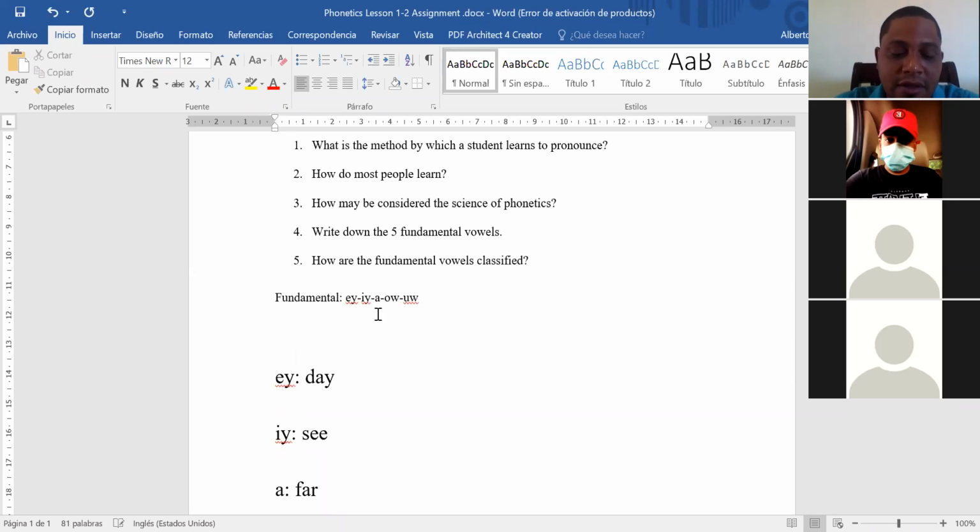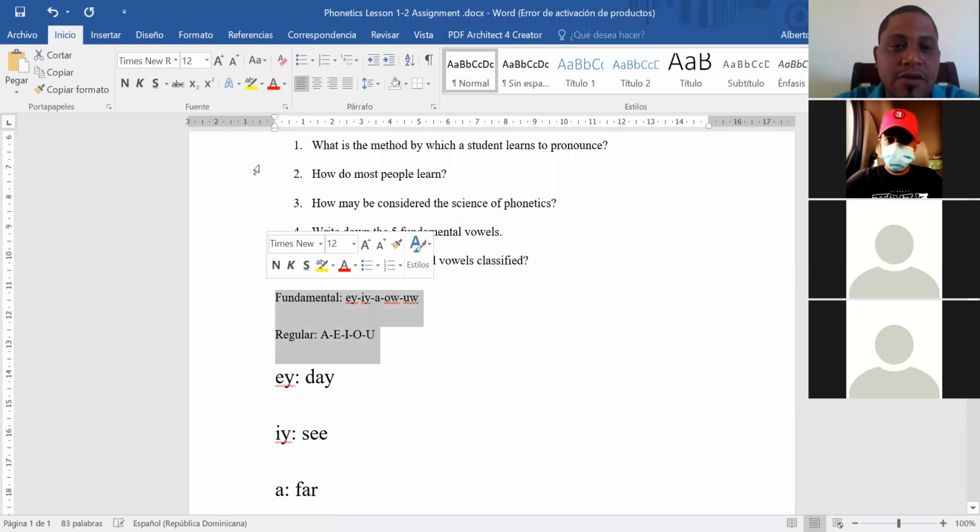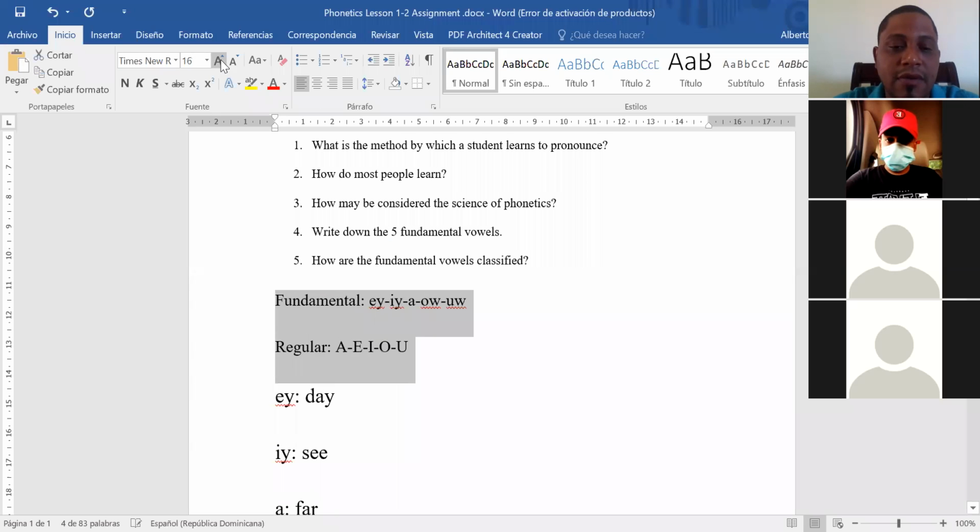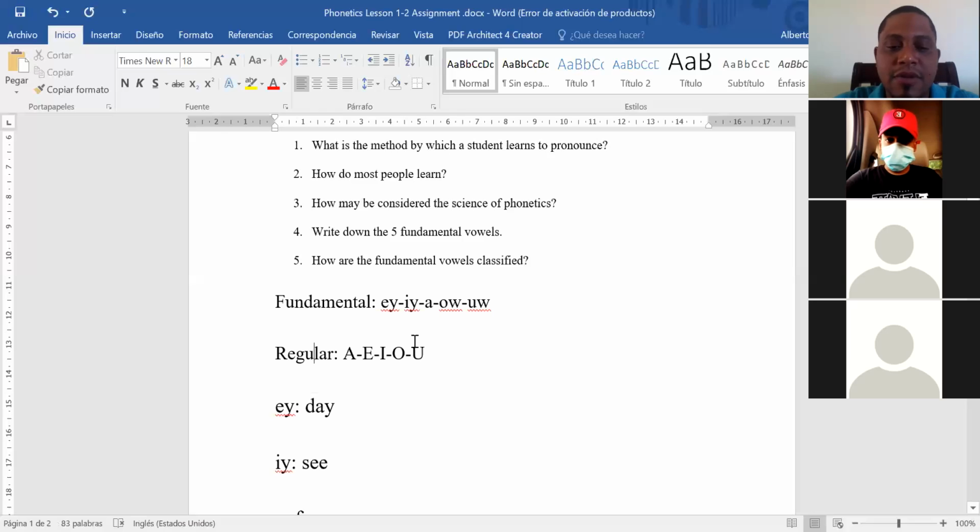And these are the regular. You see? These are the fundamentals. Let me just go down so you can see this. Fundamental vowel sounds. Fundamental vowels.